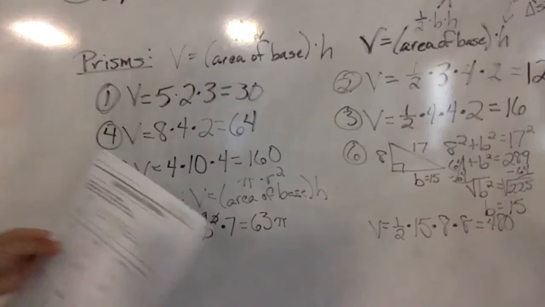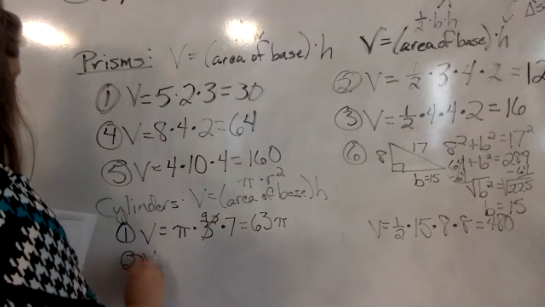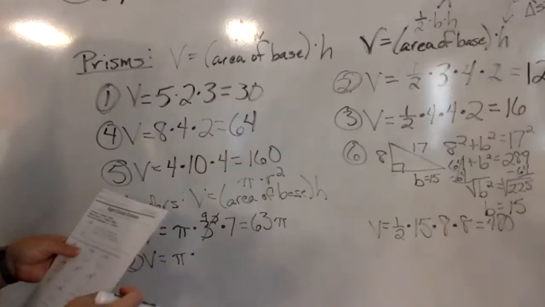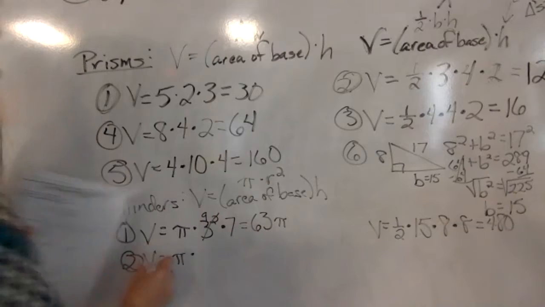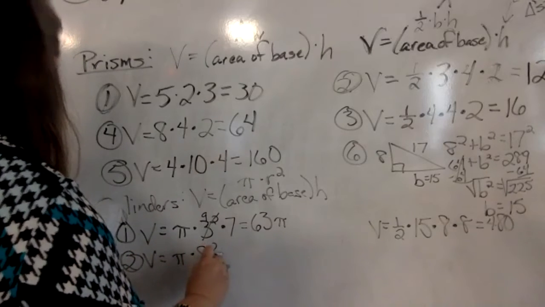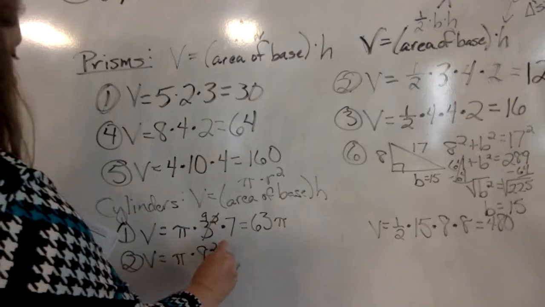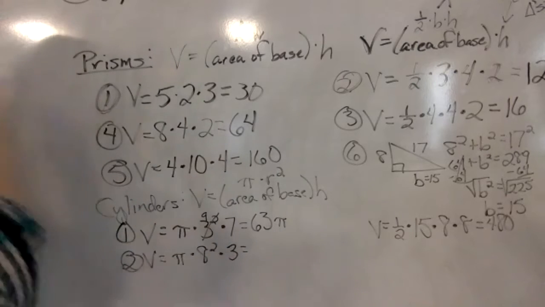So on number 2 for the volume, I have pi times what's the radius in that picture? 8. And then the height? 3. So it's pi times 8 squared times 3.